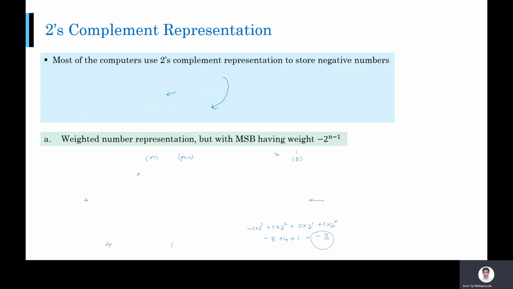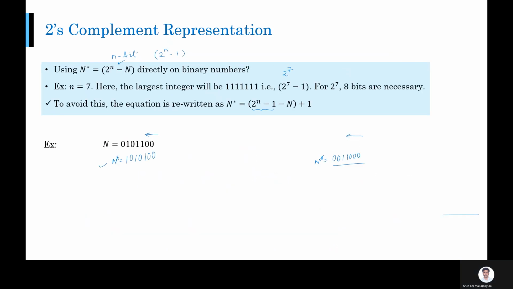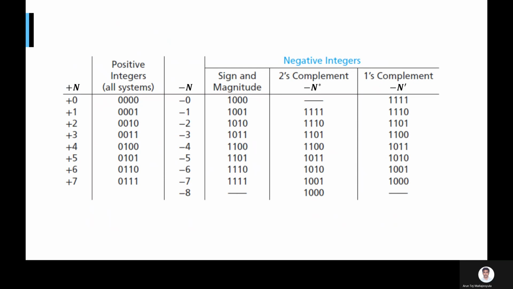Okay. We can take, for example, let us take this one, minus 5. 2's complement representation is 1011, right? So what is its value? 1 into 2 power 0 plus 1 into 2 power 1 plus 0 into 2 power 2 plus minus 1 into 2 power 3.